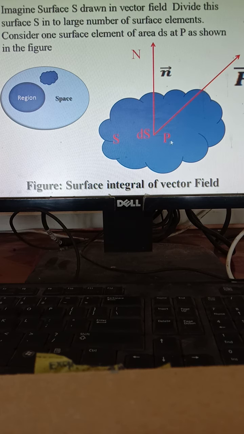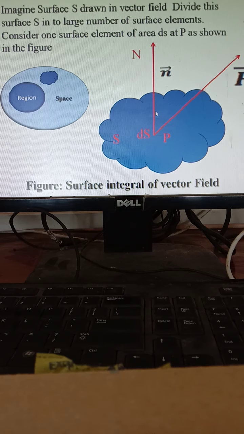Similarly, the surface element has its own normal vector, and that normal vector is always the unit outward direction. So this is the outward normal vector from the point P of the surface element ds, and this is the diagram of the surface integral of the vector field.